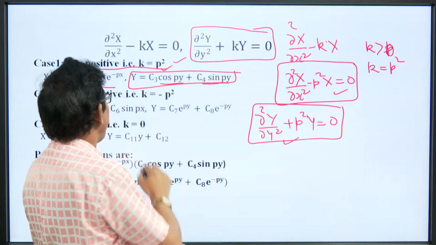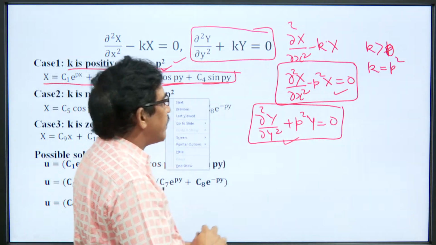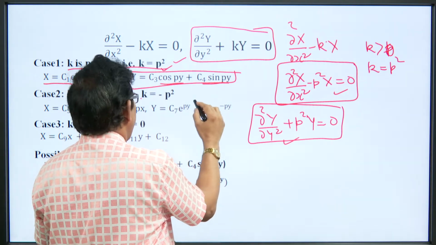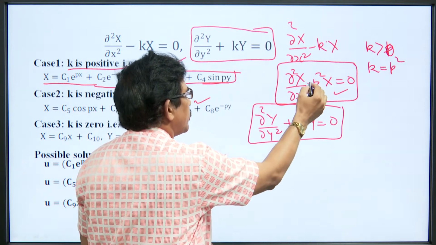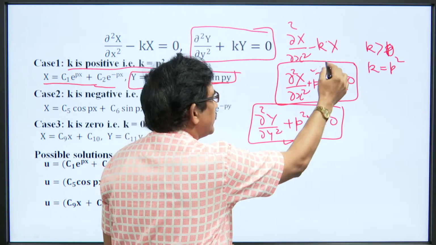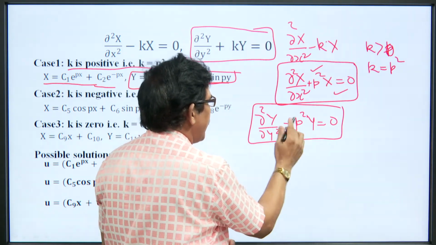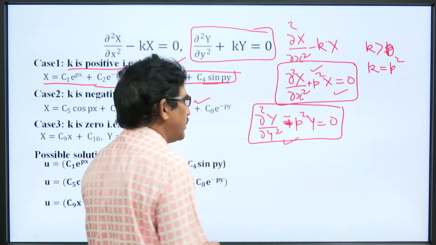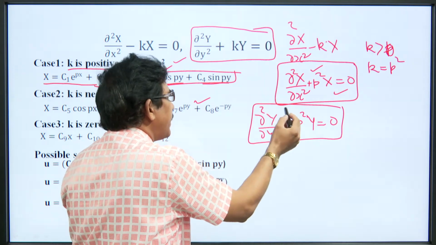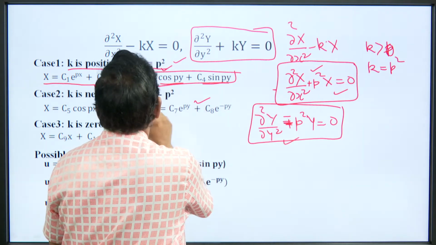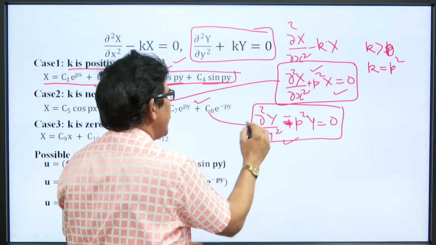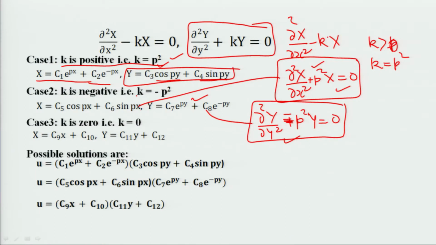Second case, when k is less than 0. If we consider k is minus p square, then the solution would be trigonometrical in this particular case and exponential in the other. This is the second case.